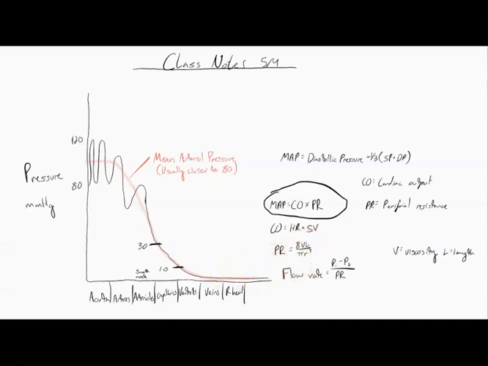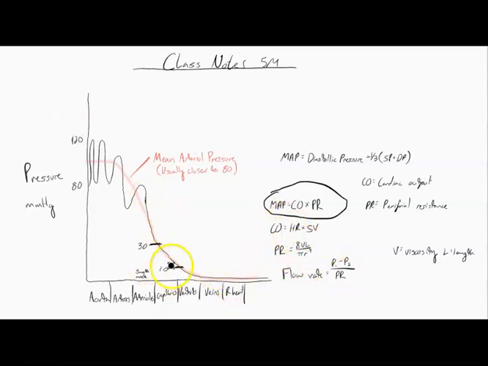So mean arterial pressure is a measure of the average pressure in the arteries, where cardiac output is heart rate times stroke volume, and PR is this equation here.